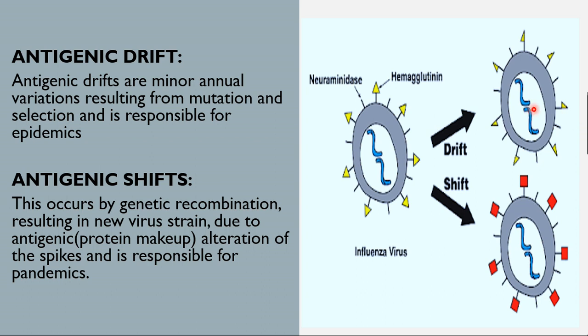The drift is responsible for epidemics and the shift is responsible for pandemics. Okay, so this is what you have to remember: what is a drift and what is a shift? Drift is because of mutations and shift is because of recombination, which results in a completely new virus strain and is responsible for causing the pandemics.